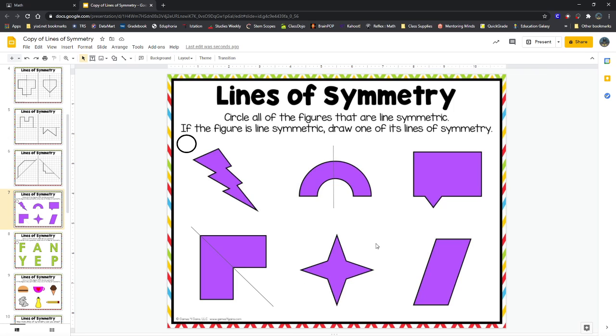What about this star looking one? Can anyone tell me if the star looking shape has some lines of symmetry or no lines of symmetry? Bailey? It does have lines of symmetry. Okay, where?